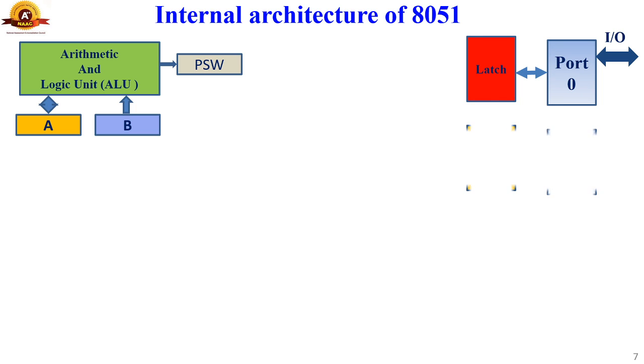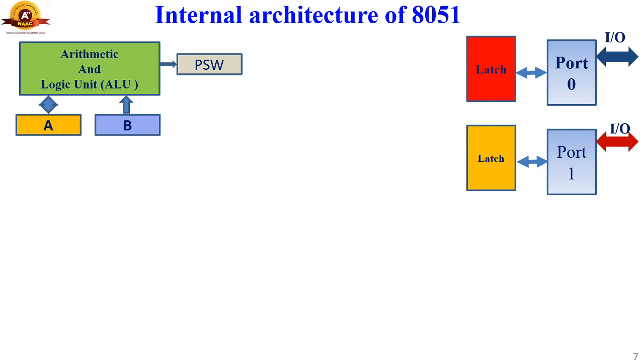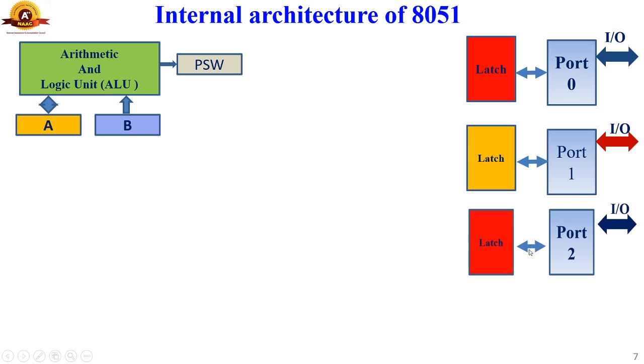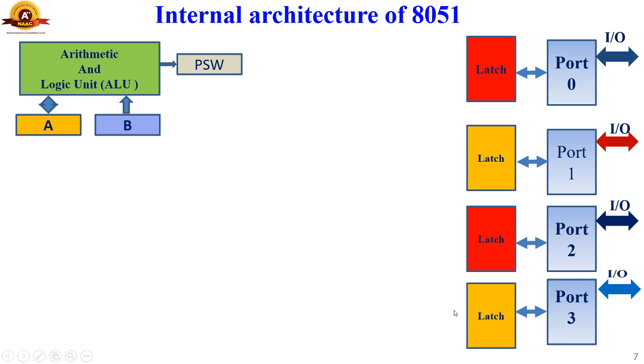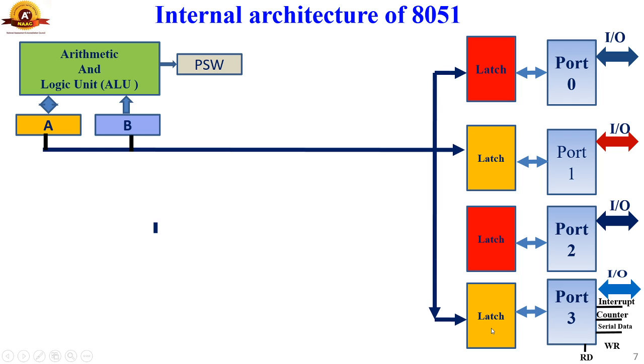There is port 0 attached with a latch, port 1 attached with another latch, IO ports, port 2 attached with a latch, input output port, and port 3 also attached with a latch. These are the various controls related with port 3: interrupt, counter, serial, data, read, write.